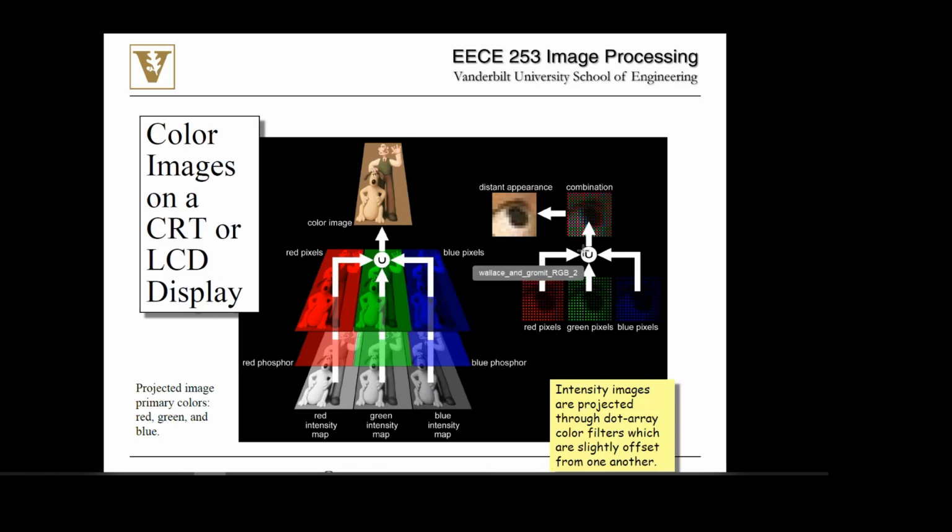This is a technology that was used to display digital images. It doesn't mean that all technologies are like this, but this illustrates very well how things work. Let's say you want to show this image of a person.